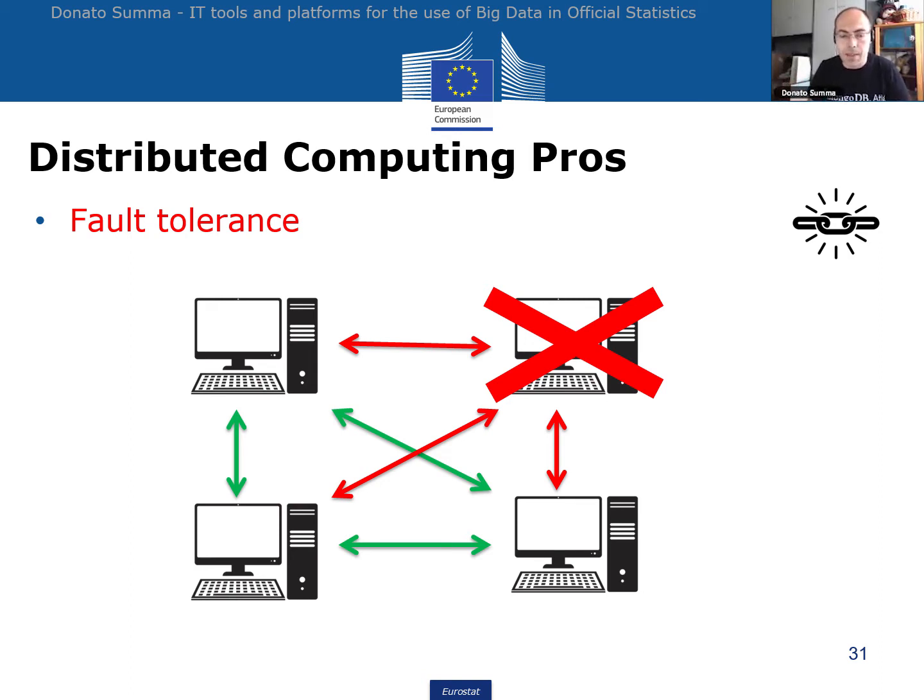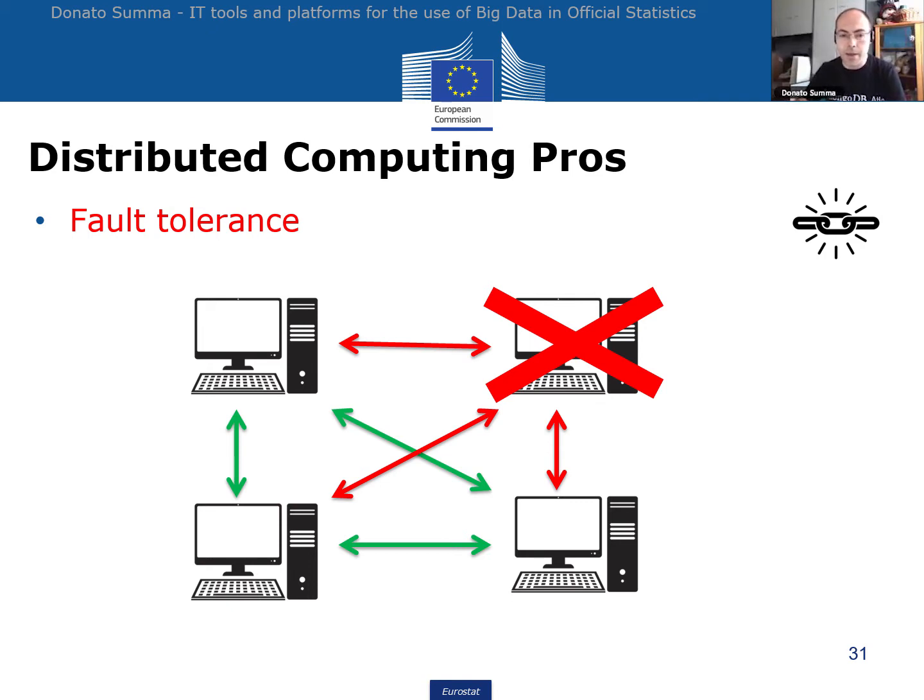Fault tolerance means that if one of the nodes in the distributed system for some reason crashes, our computation can go on, because all the stuff that was in charge of the machine that crashed can be done by the other machines, by the other computers in the network.